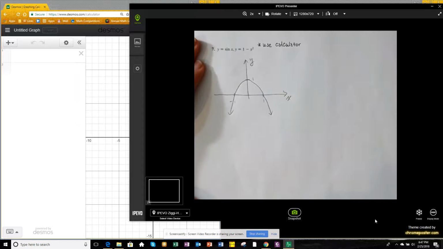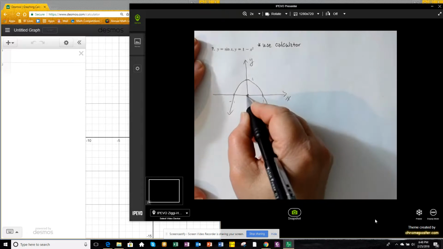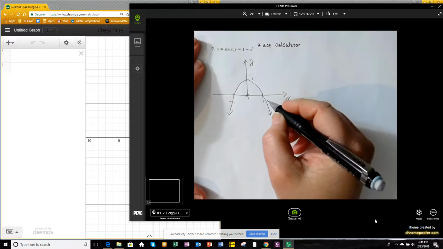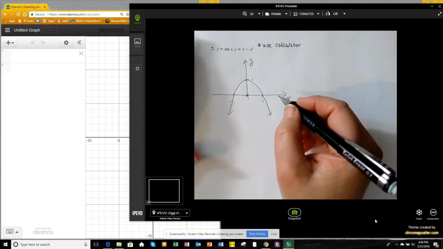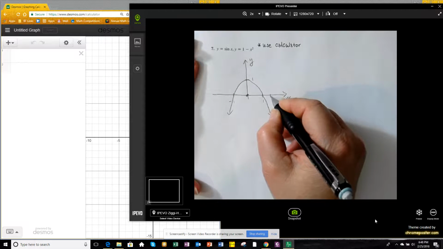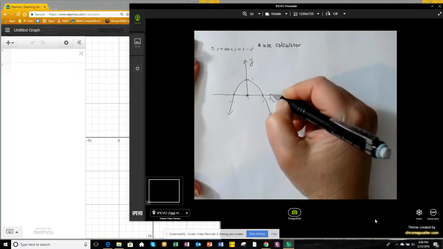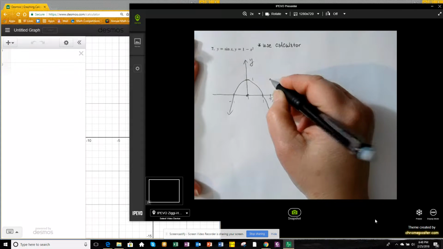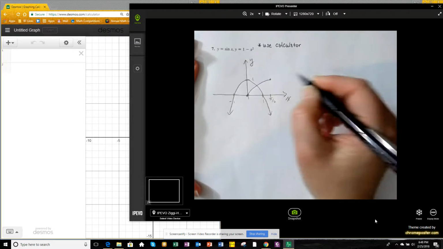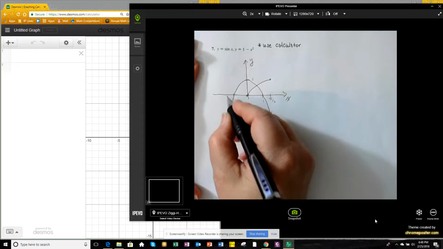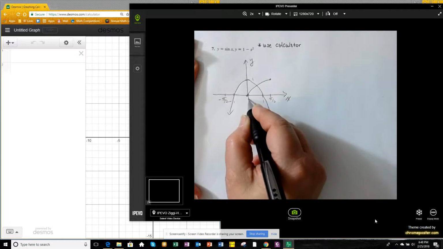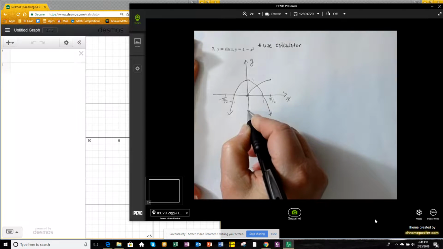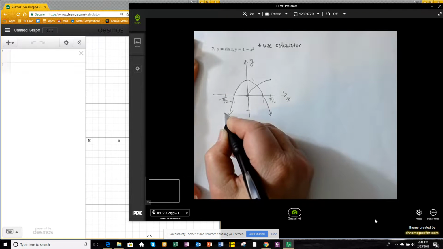Y equals sine x. Well, sine is 0 at 0, and it's 1 at pi over 2, which is 1.57. So I'm just going to put pi over 2 over here. So it's going to be 1 here. There we go. So it's going to go up like this. And then it's -1 at negative pi over 2, so we'll put a -1 down here.